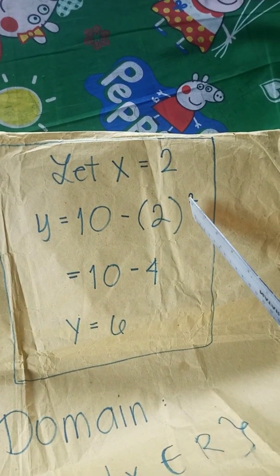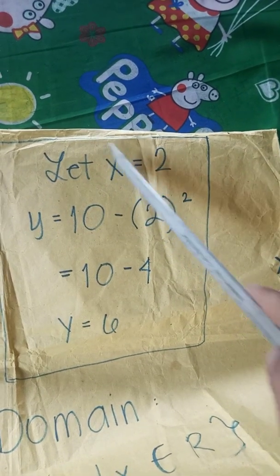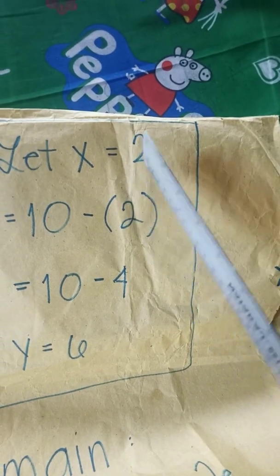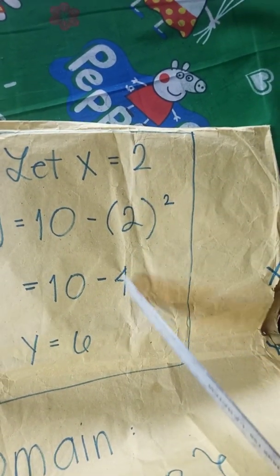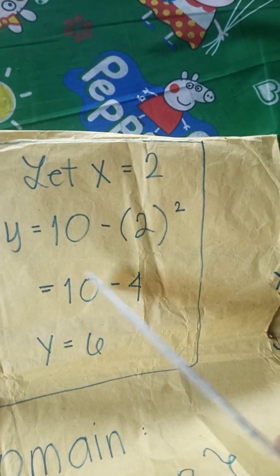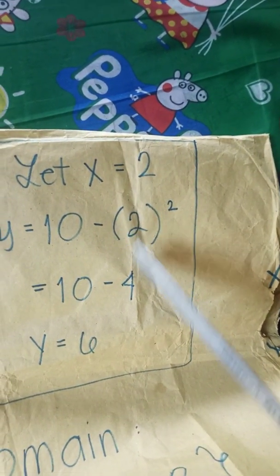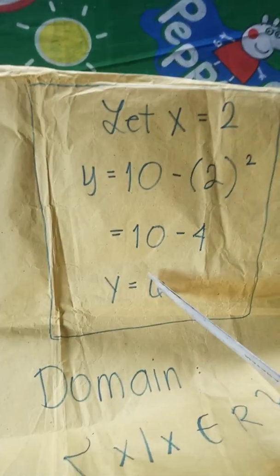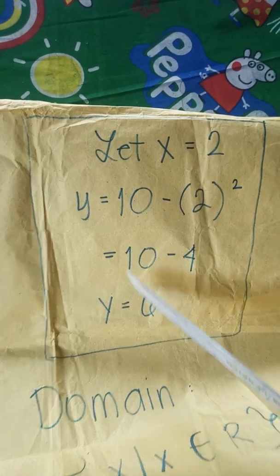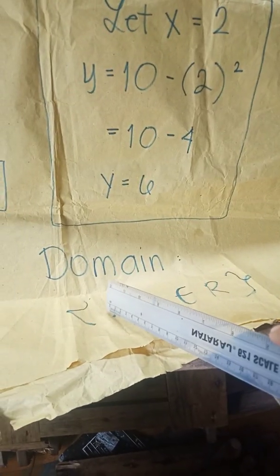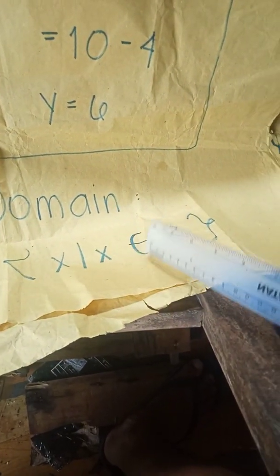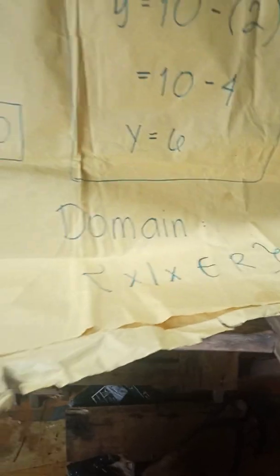Multiply 2 by itself, so 2 times 2 equals 4. Bring down the 10, and then minus the answer, which is 4. 10 minus 4 is equal to 6. Therefore the domain is x such that x is an element of the real numbers.